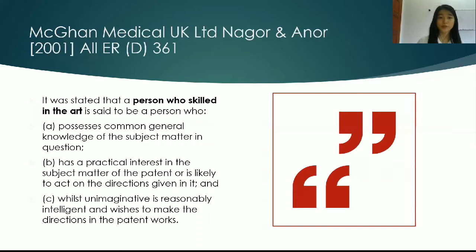So I would like to explain a little bit about the person who's skilled in the art. In the case of McHone Medical UK Limited, Nagore versus another, it was stated that a person who's skilled in the art is said to be a person who possesses common general knowledge of the subject matter in question and has a practical interest in the subject matter of the patent or is likely to act on the directions given in it.